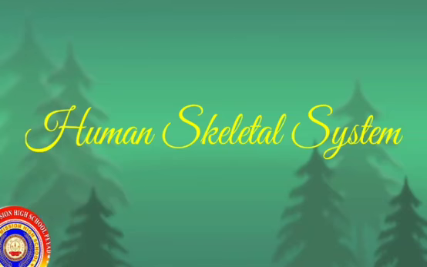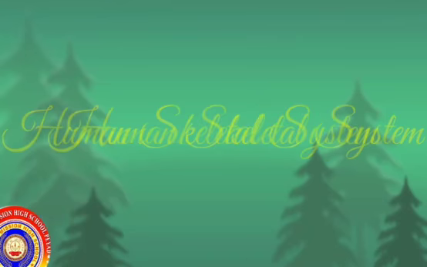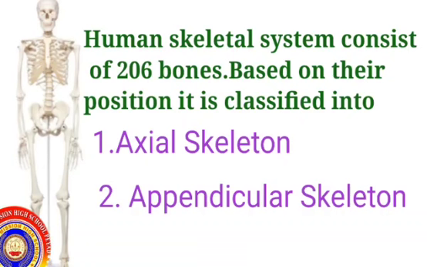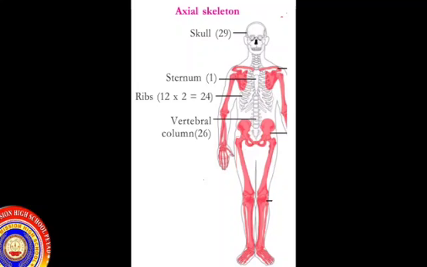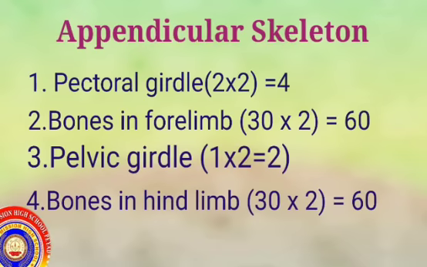Our next topic is the human skeletal system. The human skeletal system consists of 206 bones. Based on their position, the human skeleton can be divided into axial skeleton and appendicular skeleton. Axial skeleton: the skull contains 29 bones, sternum 1, ribs 24, vertebral column 26.